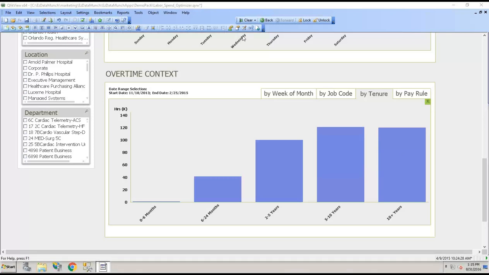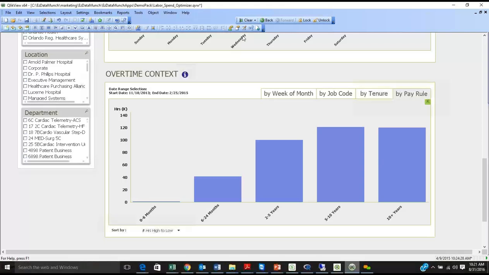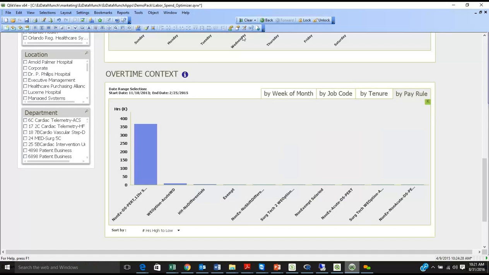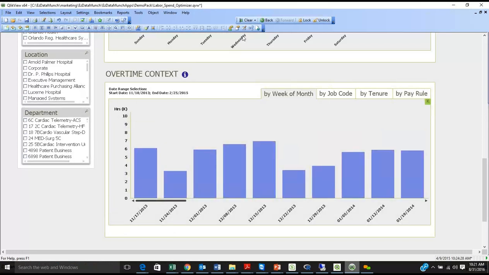Are the people who are more experienced spending more hours, so that your overtime cost is much higher, unless somebody with lower experience is spending? Again, this is more at a high level, but there can also be a skill gap that you need to look at. So by looking at payroll, the different payrolls that might be applicable to these people. So by week of the month, every week, what's happening within your overtime bucket.